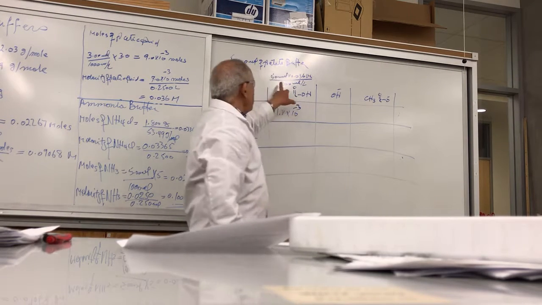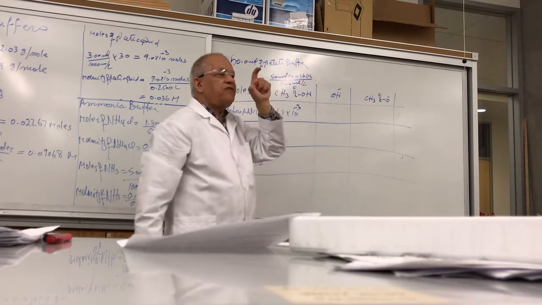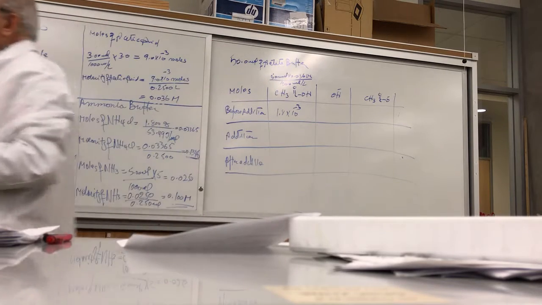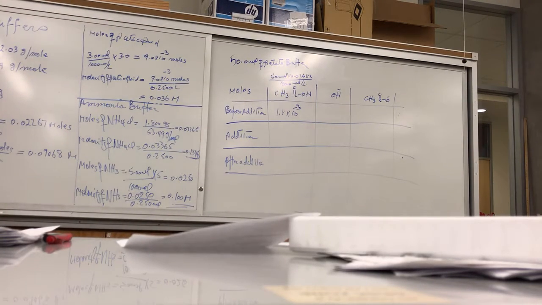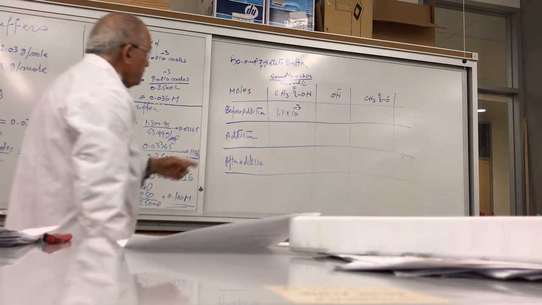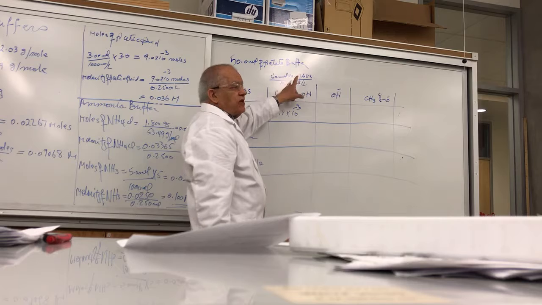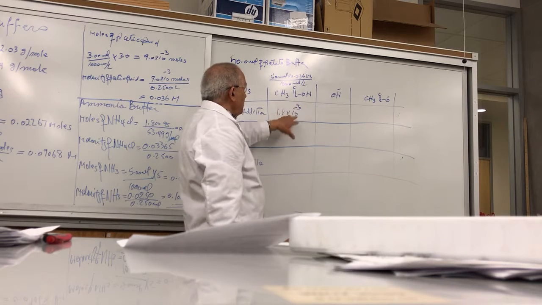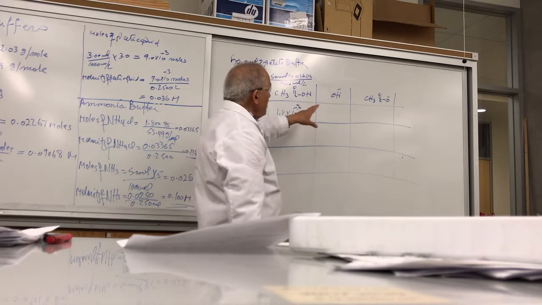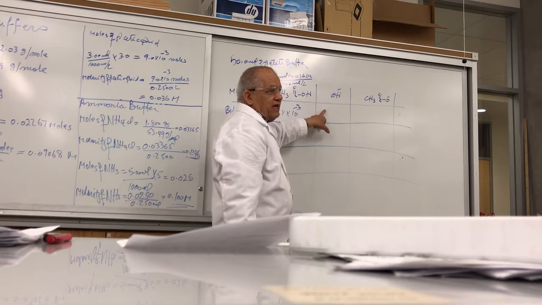It is confusing, something. You remember, we have only 50 milliliter of that buffer. We're not doing it in the whole bottle, in the whole flask. We only took 50 milliliter. You understand? Milliliters times molarity divided by volume in liter gives you number of moles. How many moles of the hydroxide ion?